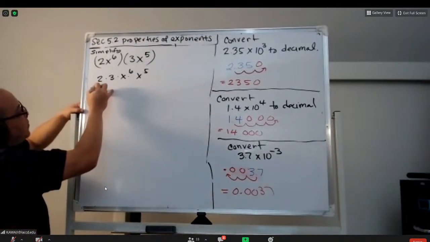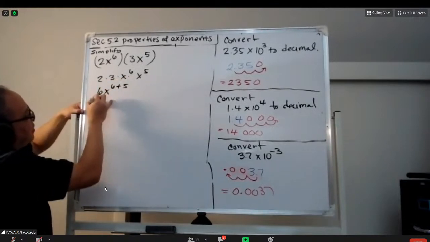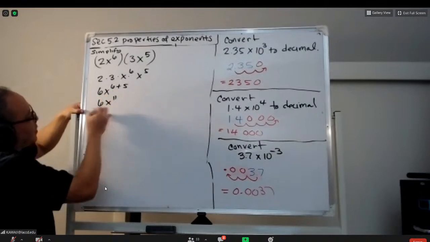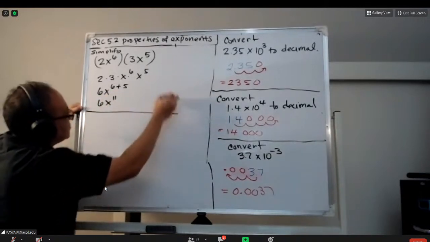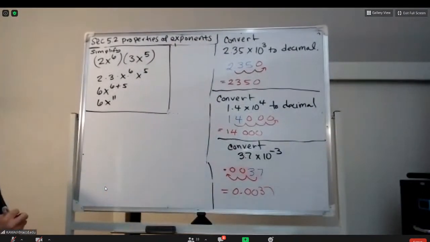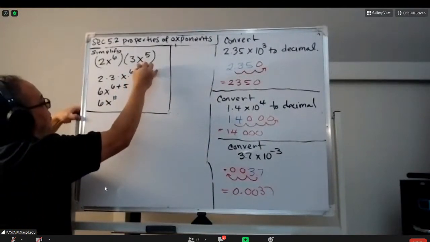So then I can give you 6 times 6 plus 5 times 11, like that. Okay. All right, so we did that. Even if you didn't remember how to do it, hopefully that looks familiar.